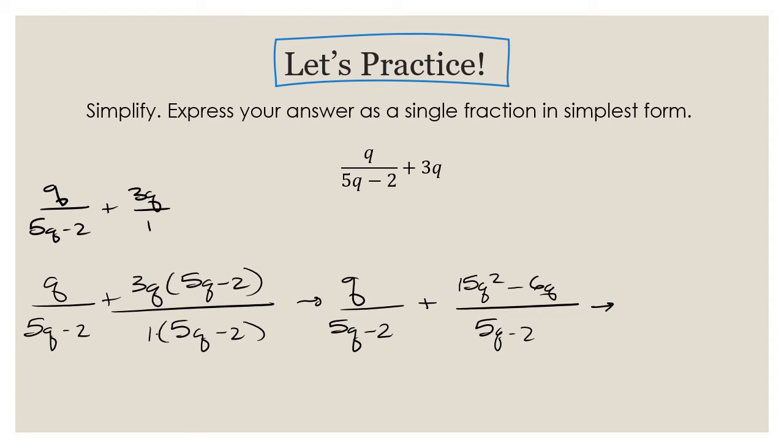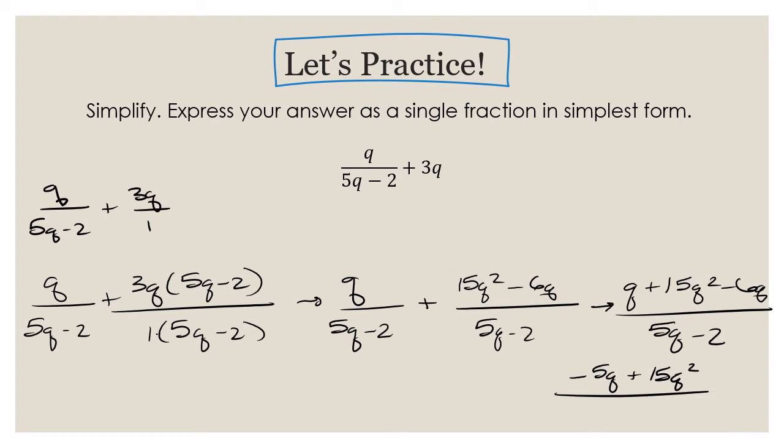Now I can combine these together. I get q plus 15q squared minus 6q, all over 5q minus 2. And I can simplify this further. q minus 6q is going to give me negative 5q plus 15q squared, all that over 5q minus 2.